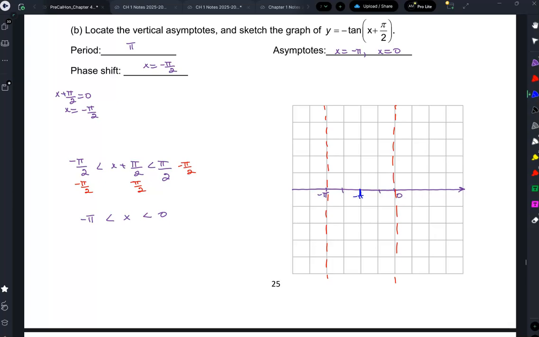Negative pi over 2. What's this red one? Negative pi over 4. And then what's this black one? Okay, that's a 3, not an 8. 3 pi over 4.